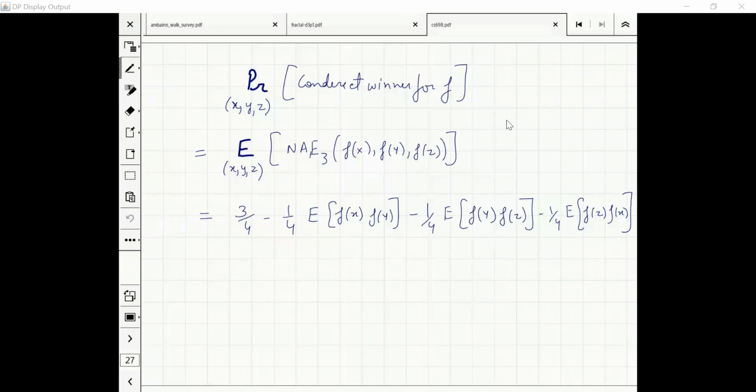I wrote this expression, and the point here is that I know the Fourier expansion of the NAE3 function. Can you tell me what is the Fourier expansion of the NAE3 function on 3 bits x, y, z?